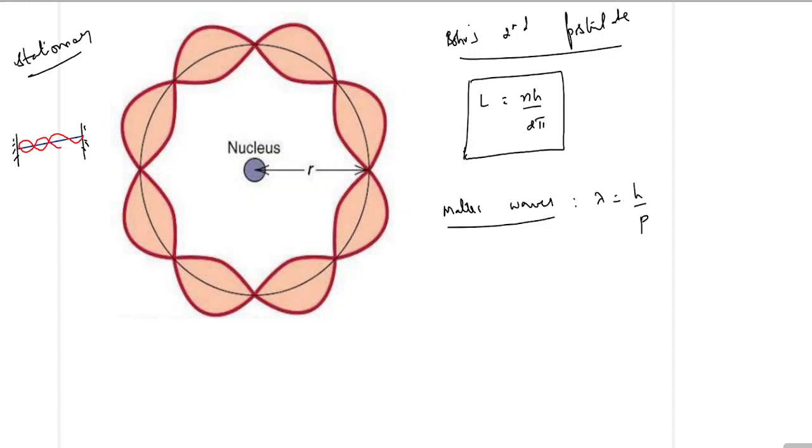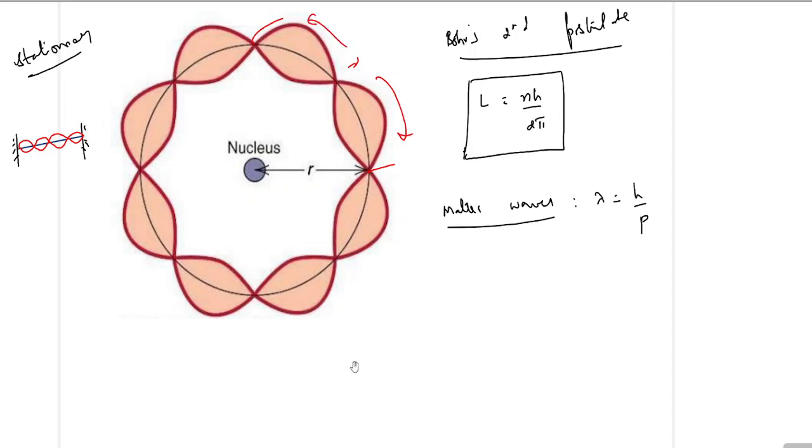These are called standing waves. Even here, the electron is present as a standing wave, and the distance between this and this would be its wavelength. So draw this also. For example, draw a circle and draw these loops, and the distance between this and this would be its wavelength, called lambda.